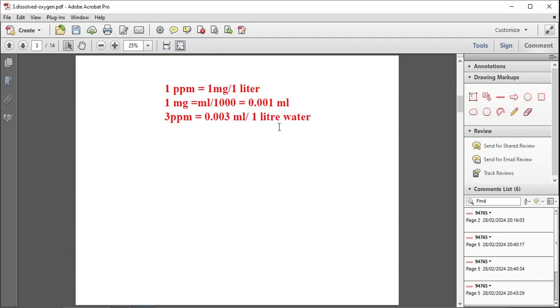Speaking about ppm in water, any weedicides or chlorination or some of the cleaning materials will be used at the ppm level.